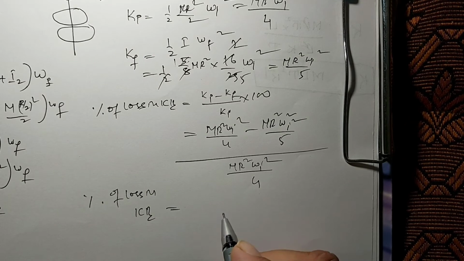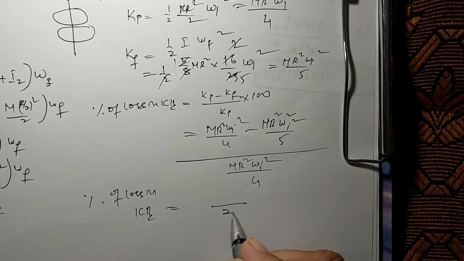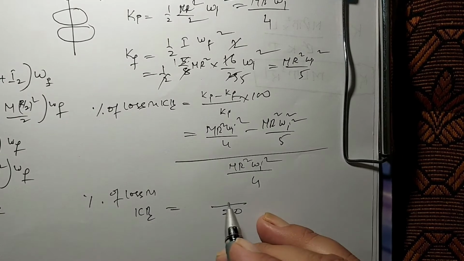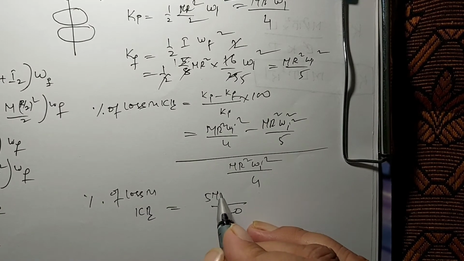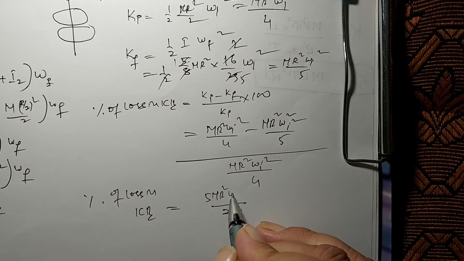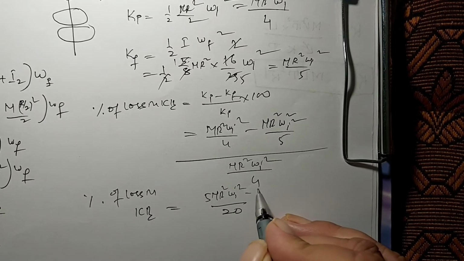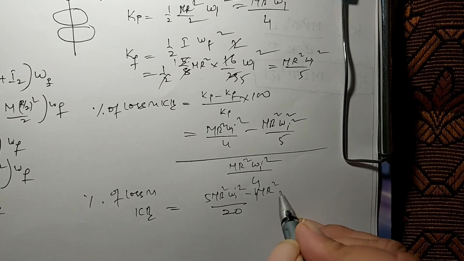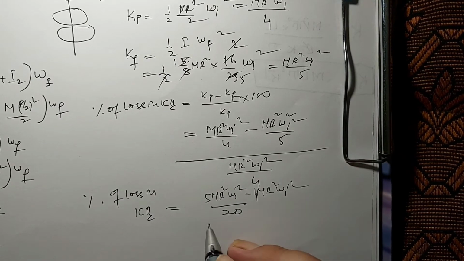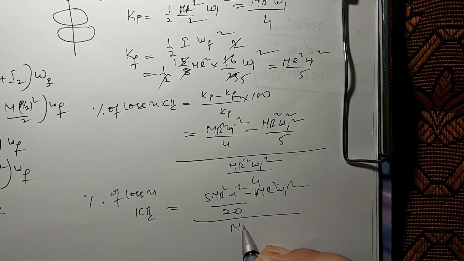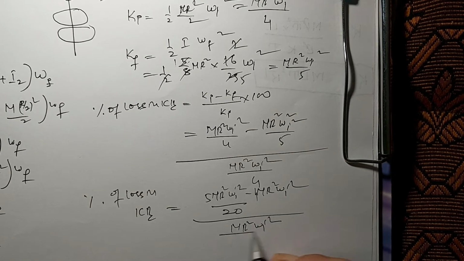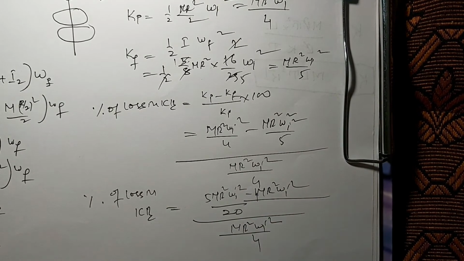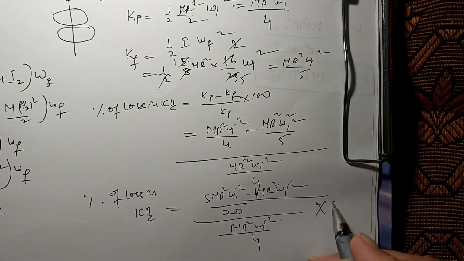What is the LCM? 20. 5 mr square omega initial square minus 4 mr square omega initial square divided by mr square omega initial square by 4, into 100.